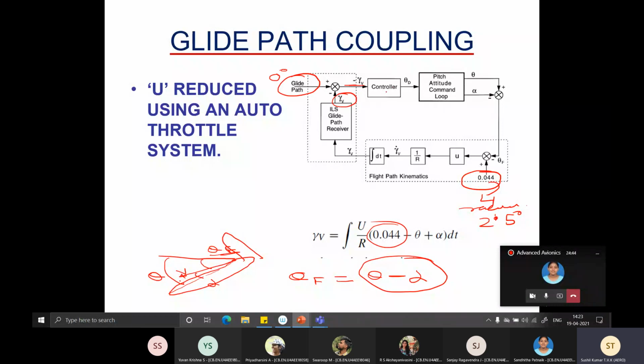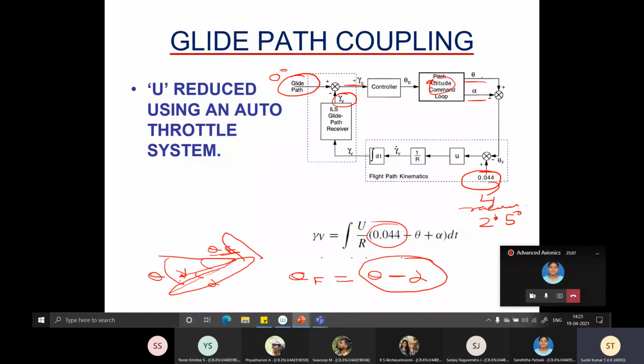The controller now senses this input and gives the required pitch angle, the desired pitch attitude, theta d. Then you have an inner loop which takes care of the elevator deflection, and elevator deflection in turn results in theta and alpha changing.